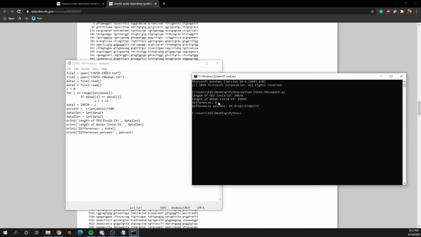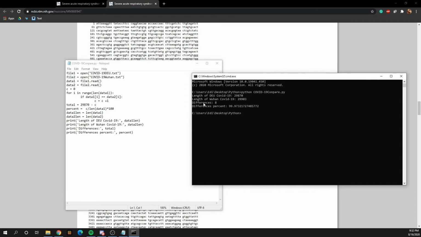And for the differences, we get the Wuhan one genes and then the DEU genes, and then we compare them one by one. The extra genes we don't compare. So the differences in total, there are only 8 genes that are different.